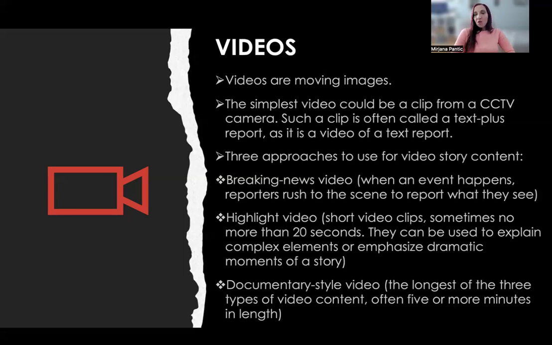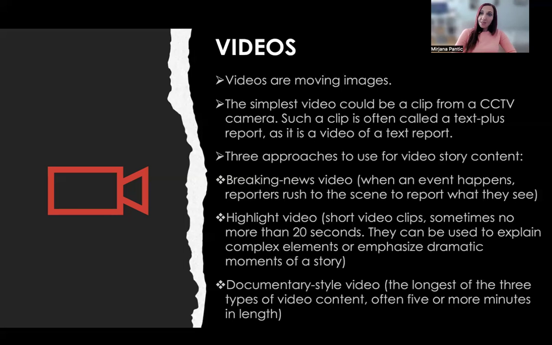There are highlight videos. What is that? It is basically a short video clip, sometimes not longer than 20 seconds. They can be used to explain complex elements or emphasize dramatic moments of a story.